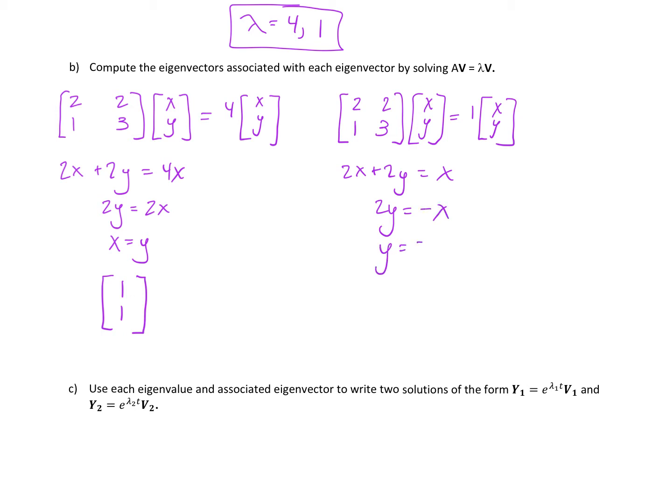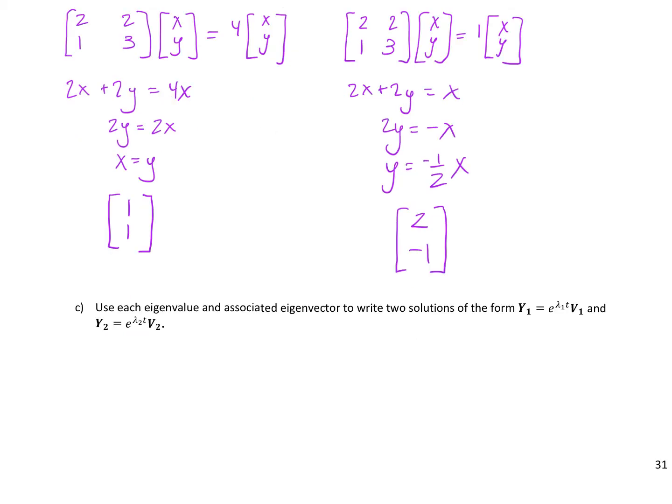So y equals negative 1/2 x. So pick any eigenvector that satisfies that equation. You can pick any (x, y) pair except (0, 0). I like to have no fractions in my eigenvector, so I will choose x to be 2, and that makes y negative 1.